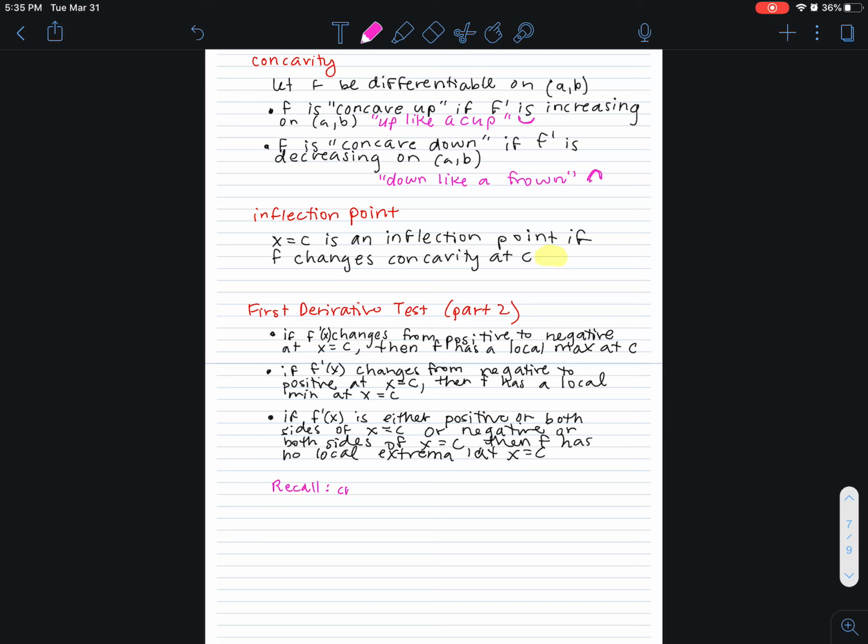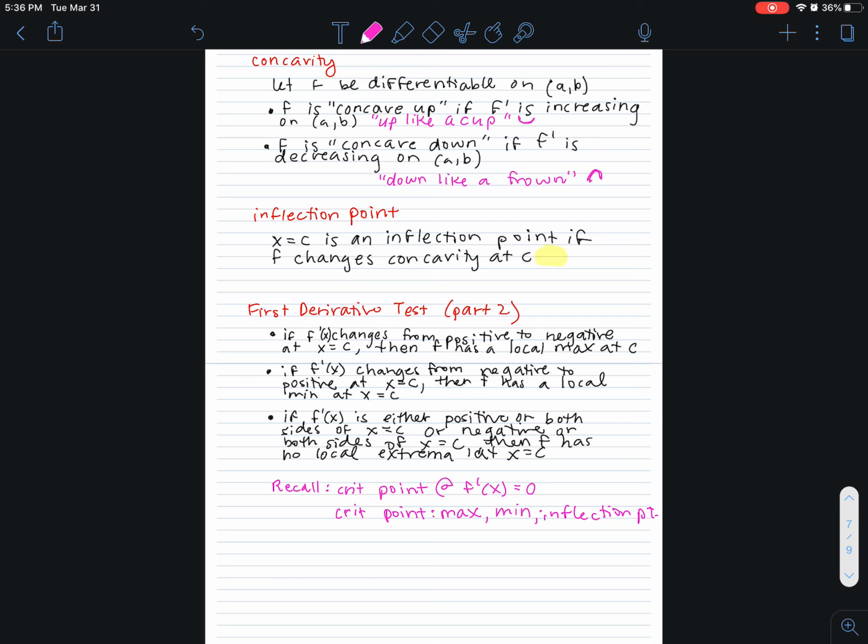So if you find a critical point, yesterday we talked about, if we recall, a critical point occurs where our derivative is equal to 0. So a critical point can either be a maximum, a minimum, or an inflection point.